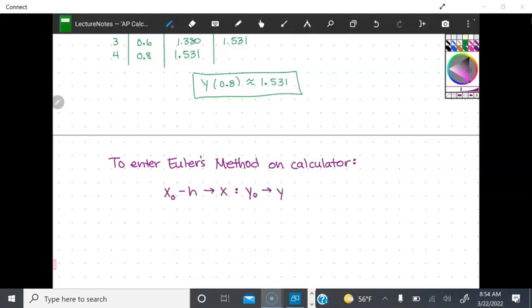Type that on your first line, and then all you have to do is say x plus h, whoops, store x, and then y plus h, Euler's method at this point, store y.